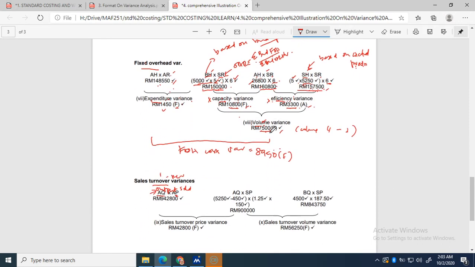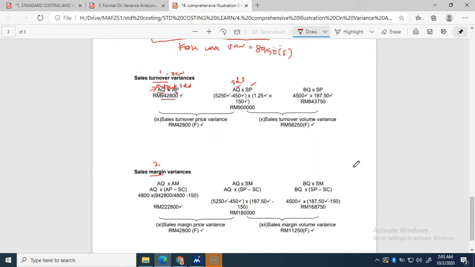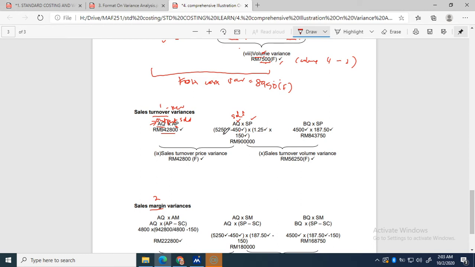942,800. Compare with the second column, actual quantity times the standard price. For actual quantity sold, you have to minus the closing stock. Quantity produced minus closing stock, so 5250 minus 450. This is the quantity sold, times the selling price.